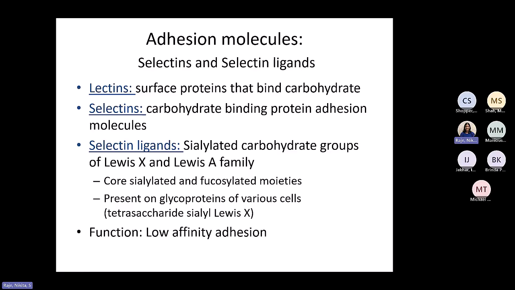I think that's a lot of chemistry, but just making sure that you remember the words sialylated and fucosylated, and those processes of sialylation and fucosylation have consequences if those processes are defective. And so the function of selectins and selectin ligands is to provide low affinity adhesion between the cells and the surfaces.